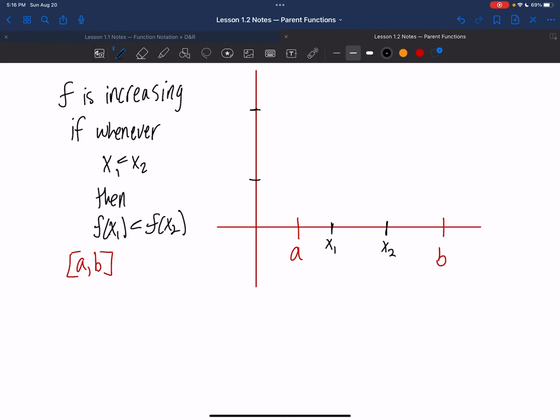For it to be increasing, it means that the y value, f of x1, so the corresponding point, I might say like y1 equals f of x1, right? I need that point, which might be here, to be smaller than a second point, y2, which is f of x2. So say here's y2 is f of x sub 2. Okay? And then you can see that this point is up here, like so.